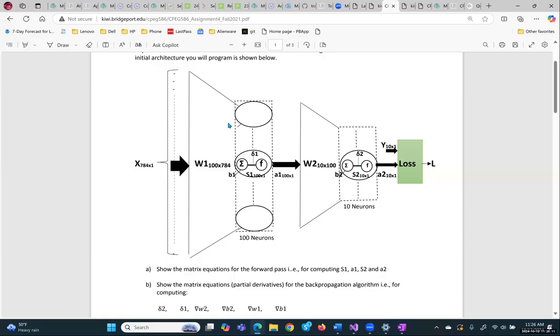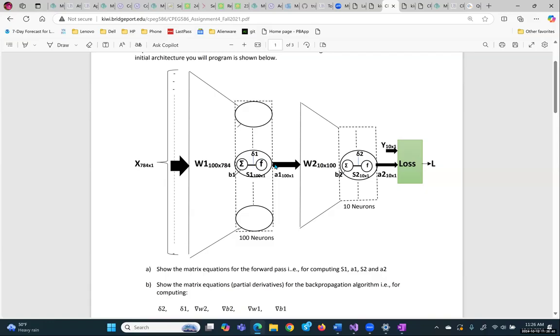So there are 100 neurons on this side, right? And what's the input size? 784. So the weight matrix has to be 100 by 784, right? Then there will be a summation produced over here. This is called S1, as you can see, I call the sum.